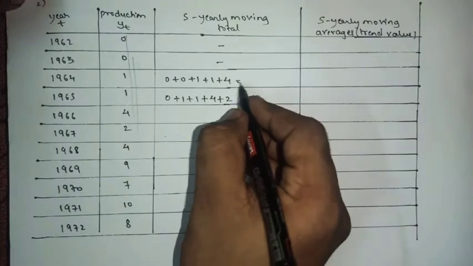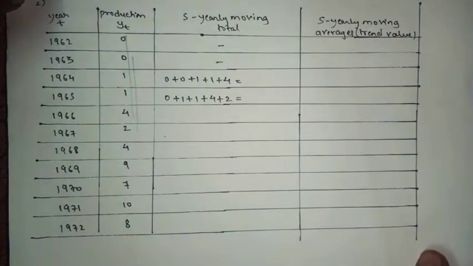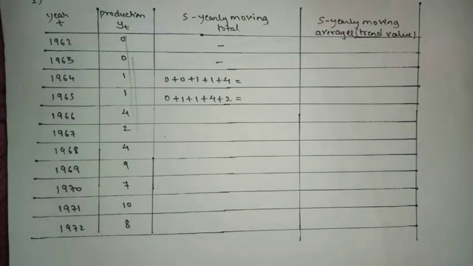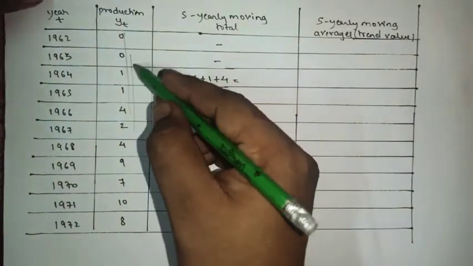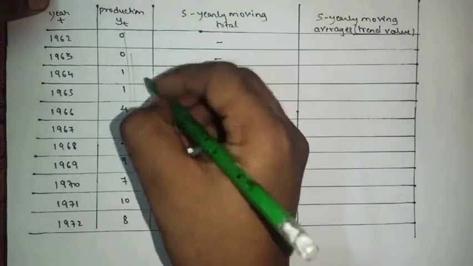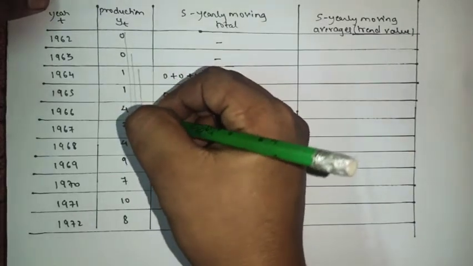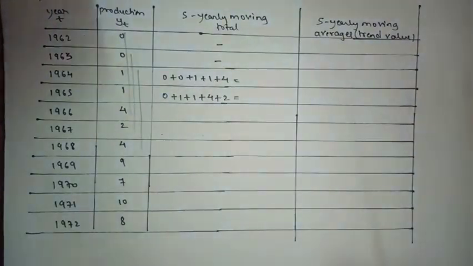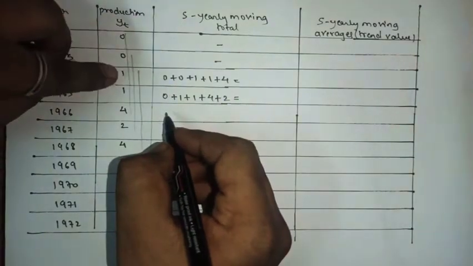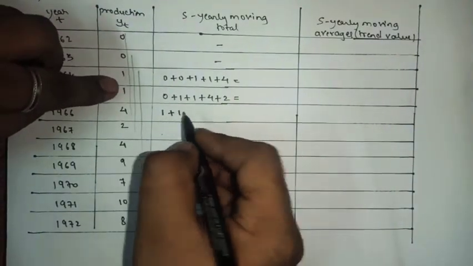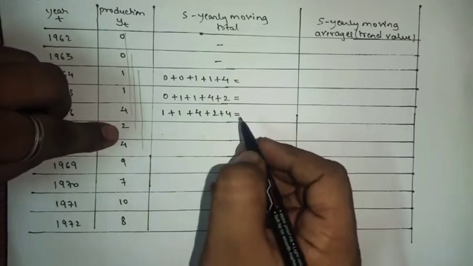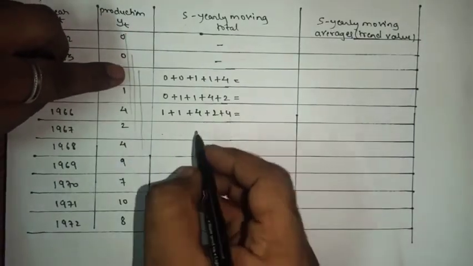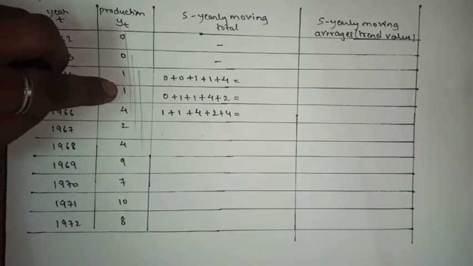Then after that, 1, 1, 4, 2, 4. Yes or no? From here, 1, 1, 4, 2, 4. Understood? Now for the next you will add from here.